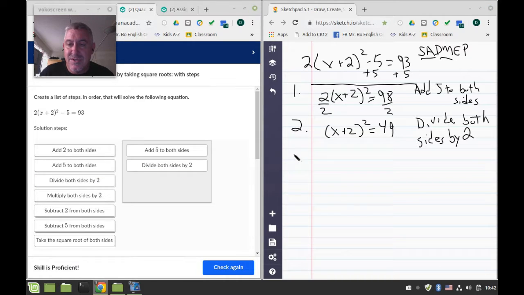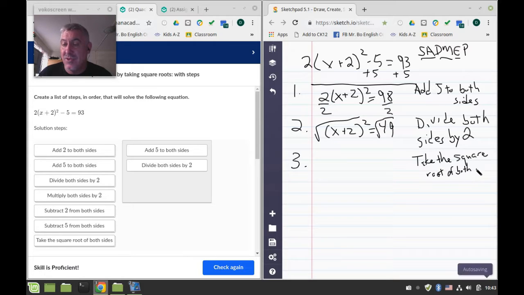Okay, so my step number 3, we're going to move on over to exponent. I see I have an exponent here. So square root. Square root is the inverse of square. So I'm going to call that: take the square root of both sides.